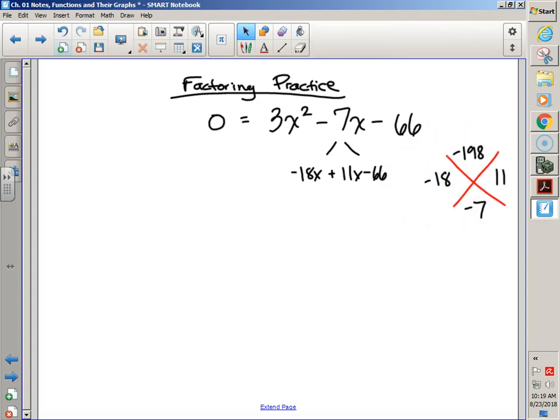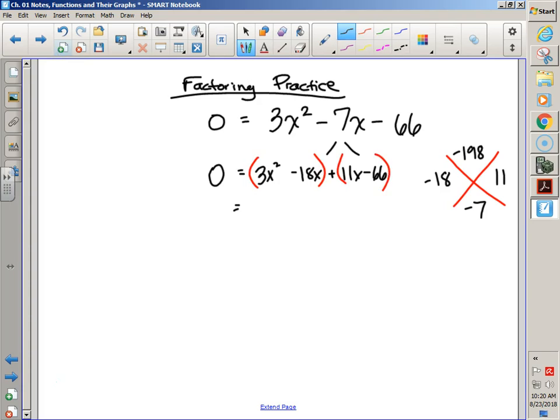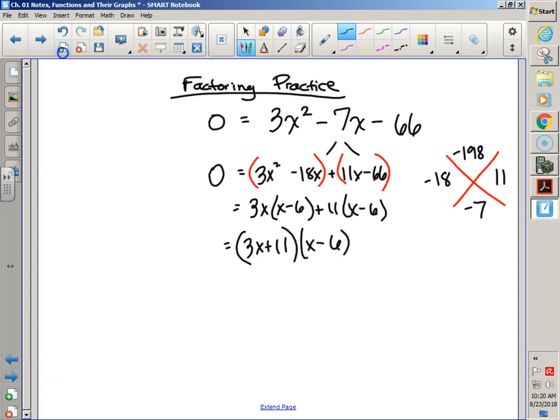As long as you guys have your factors, you should be good finishing the problem. The problem was technically to find the zeros, so the factoring wasn't the final solution. The factoring was the means to the solution. Let me go ahead and get the factoring up here really quickly. x minus 6 times 3x plus 11 is what most of you guys probably did.